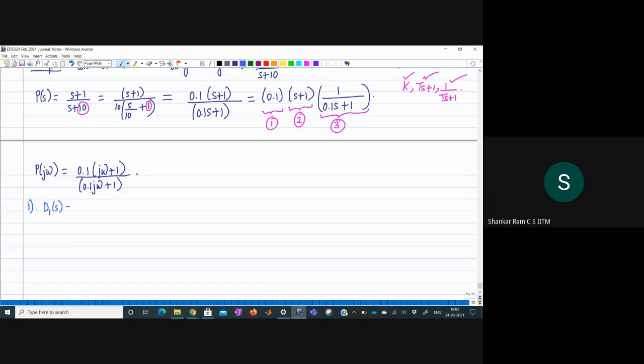So now going forward, let's look at each term one by one. Let's call the first term D1 of s, which is 0.1. What do you think will be the magnitude and phase of this term? Magnitude in decibels will be 20 log 0.1.